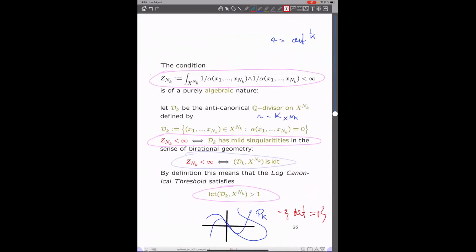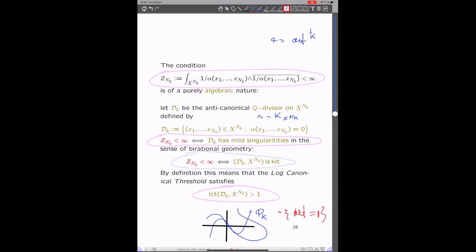Okay, so let's think a little bit more algebraically about this integrability condition. It looks analytical in nature, but it's actually of a purely algebraic nature, because in terms of the standard notions of birational algebraic geometry, if I look at the Q-divisor cut out by the kth root of the determinant, which is now a divisor in the n-fold product, the integrability condition means that this divisor has mild singularities in the sense of birational geometry.